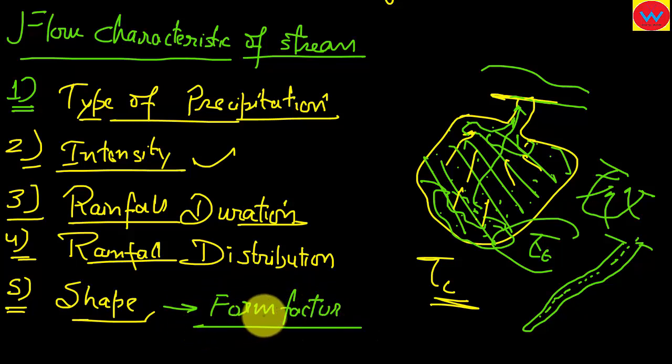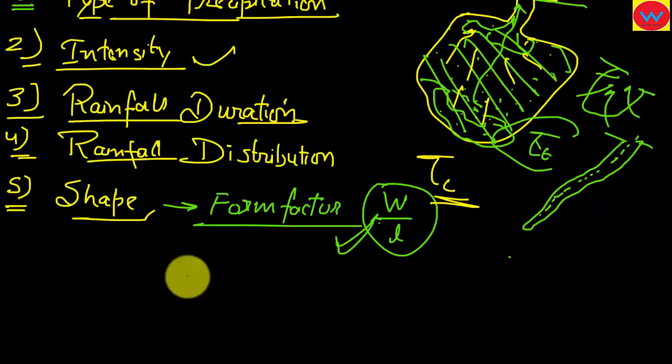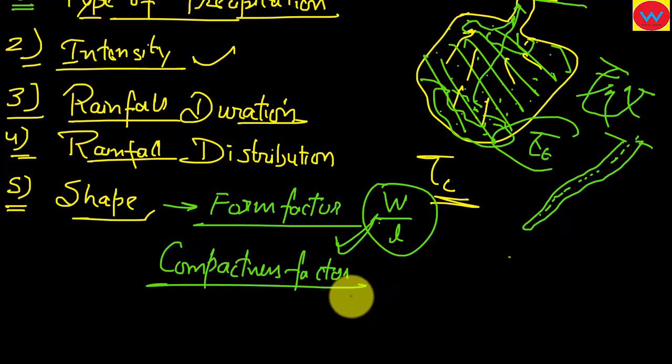that is, the average width of the catchment divided by its axial length. It is W by L, you can say form factor. And one more concept is compactness. It is derived from the periphery of the watershed divided by the circumference of a circle which is equal in area to the catchment area.